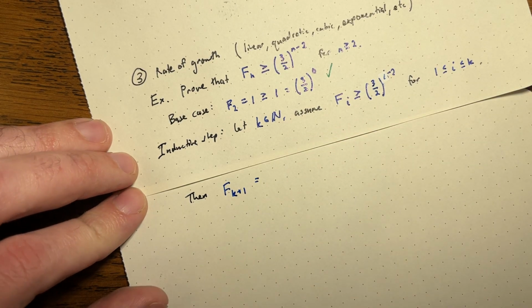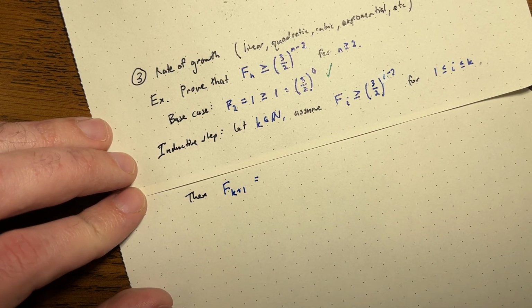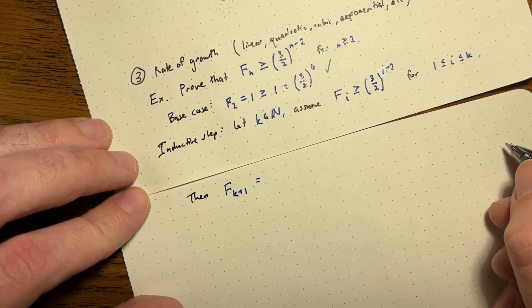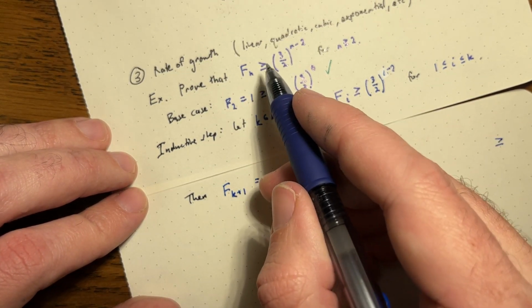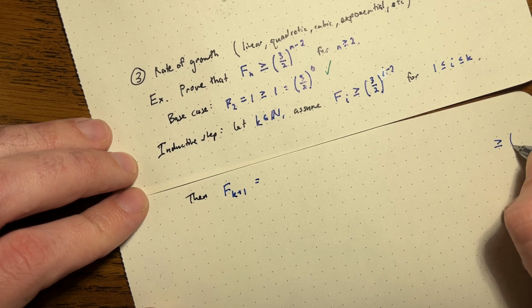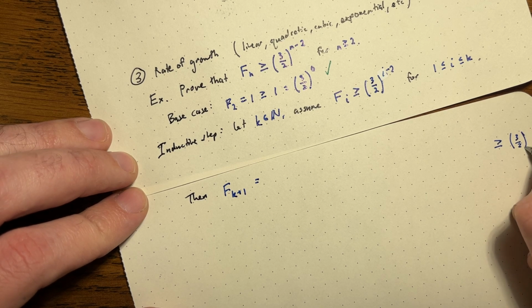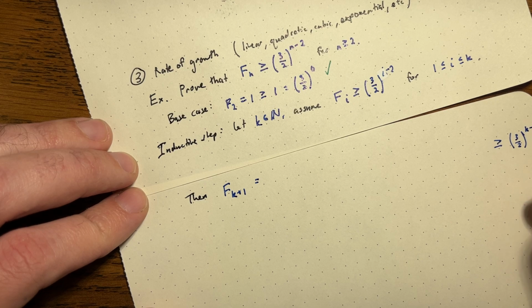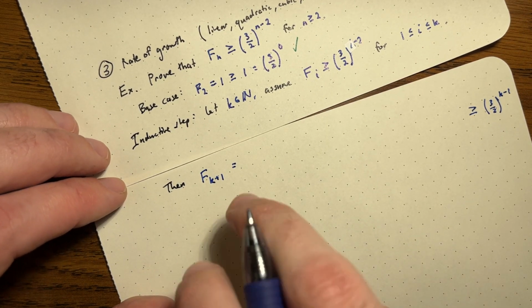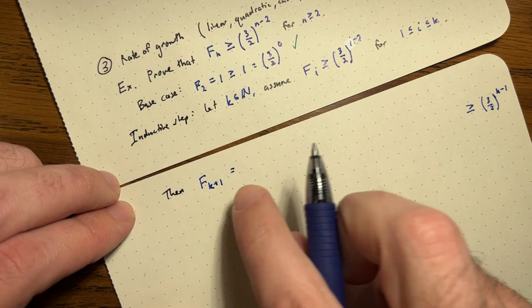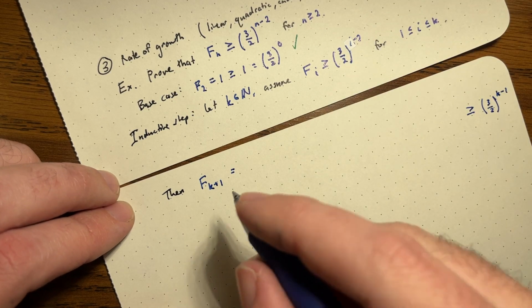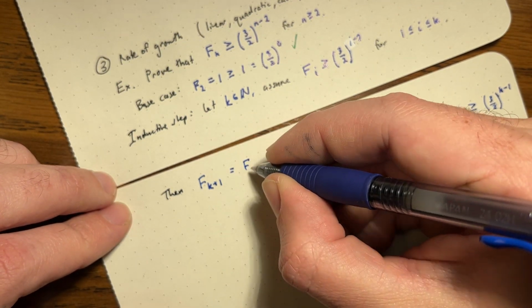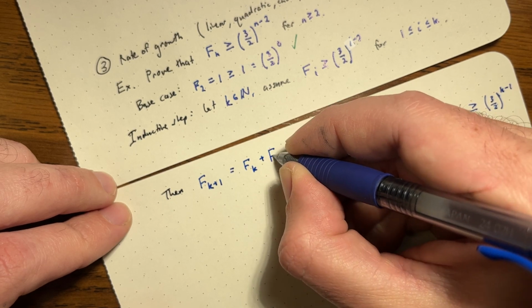And now is when we have to do some thinking. We want to show, at the very end of the day, maybe it's greater or equal to 3/2 to the 2 less than the index, so k minus 1. Oh, let's start here though. We're not assuming that. I really can't think of anything better to do than use the definition, right?